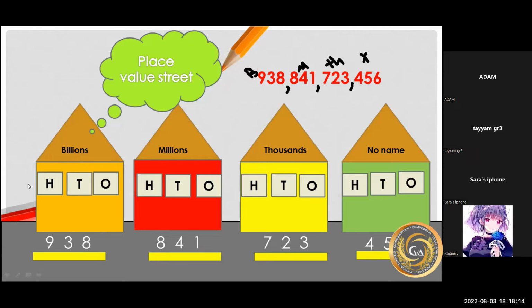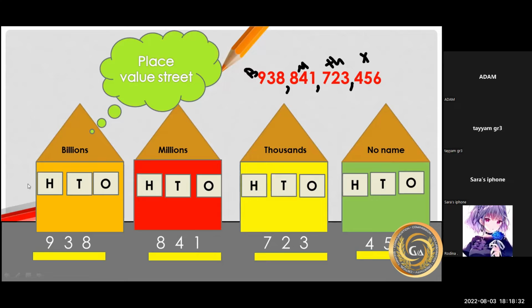So when I ask you to write the place value of any digit, what is the meaning of place value? Place value means house. The first digit from the right is called ones.